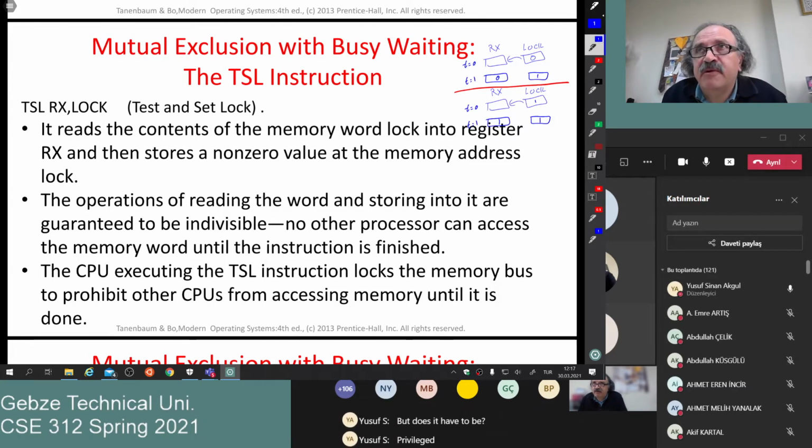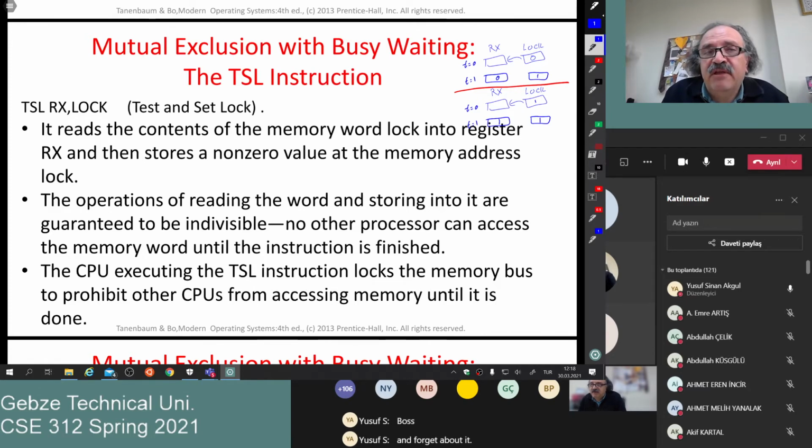It doesn't have to be privileged. Why? Because it is doing this for a very small amount of time. There is no way that I lock the memory bus and forget about it.